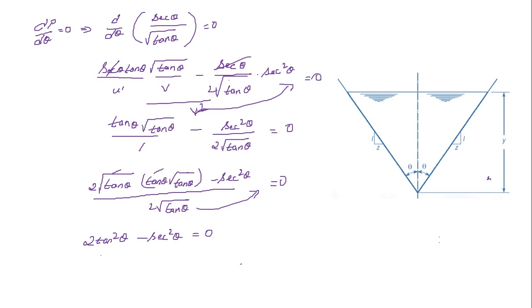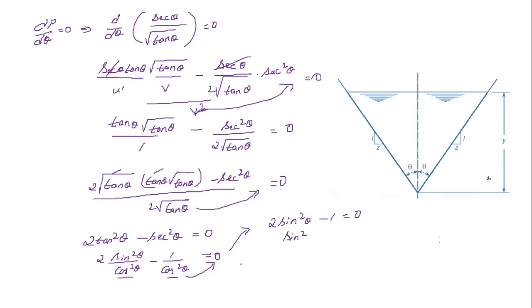So you get 2 into sin square theta by cos square theta minus 1 by cos square theta, that equals to 0. See here, you can take this cos square theta as common and send it to the other side, and then you are going to get the following equation, that is 2 sin square theta minus 1 equals to 0.